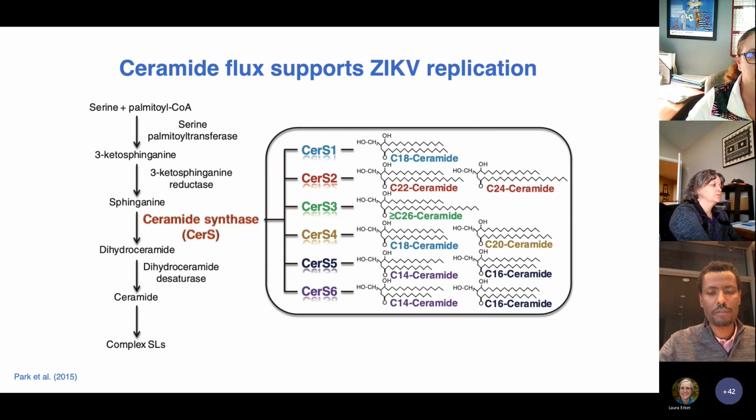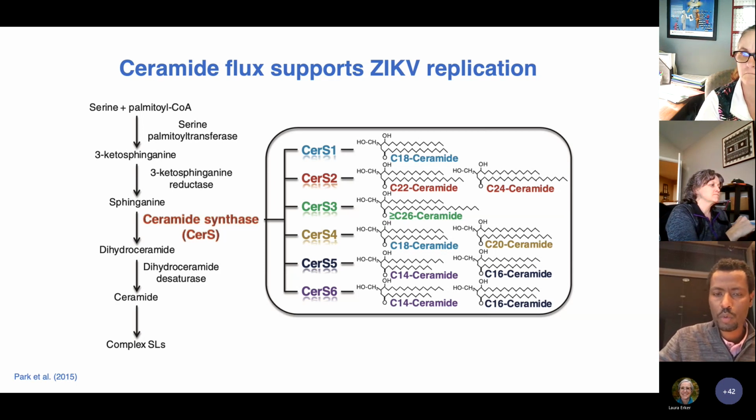And then we know that in mammalian cells, we have different types of ceramides that are catalyzed by different ceramide synthases. In mammalian cells, we have 6 of them. Some produce short chain, some produce long chain ceramides. Then we want to know which ceramides are important for these processes.